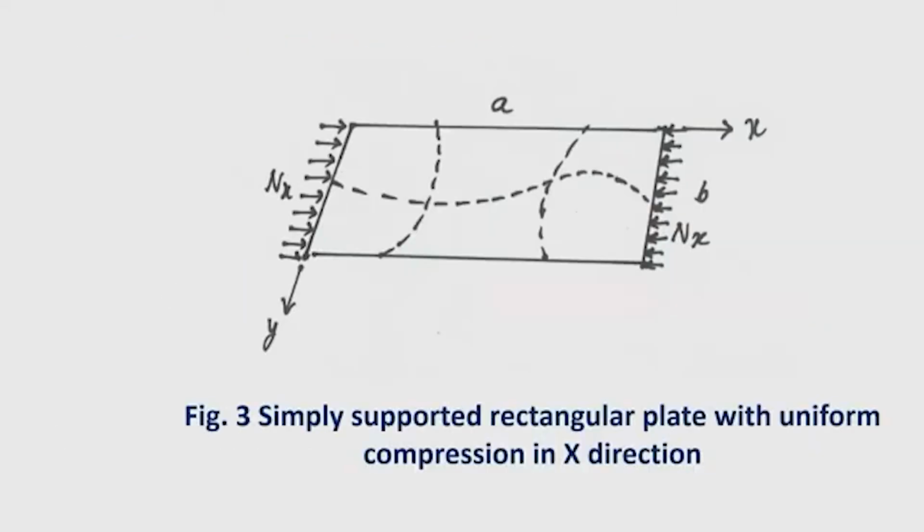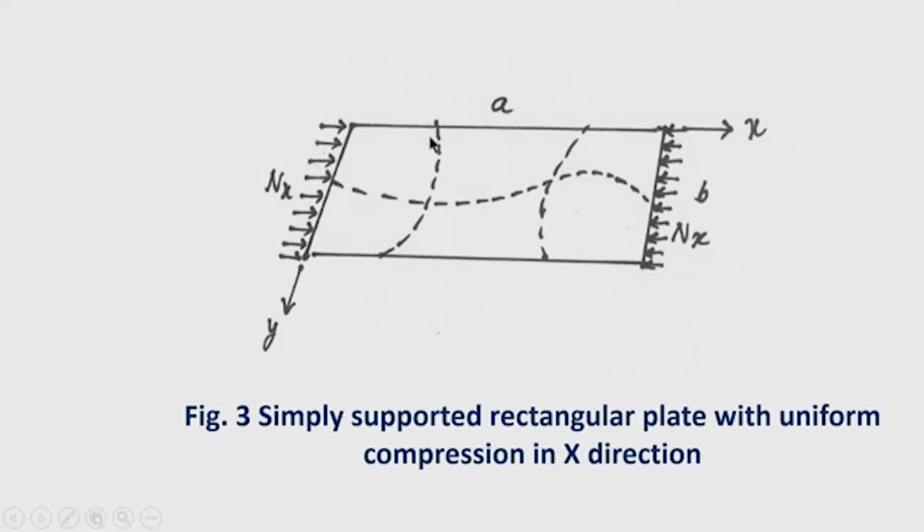Okay. So, let us see. Now, it is decided that in case of a simply supported plate, simply supported meaning all 4 edges are simply supported, and the in-plane force Nx, that is the force in the x direction, is applied at the boundary as a compression, and it is constant. Okay.